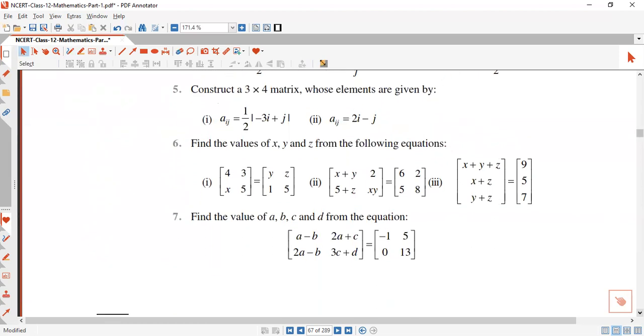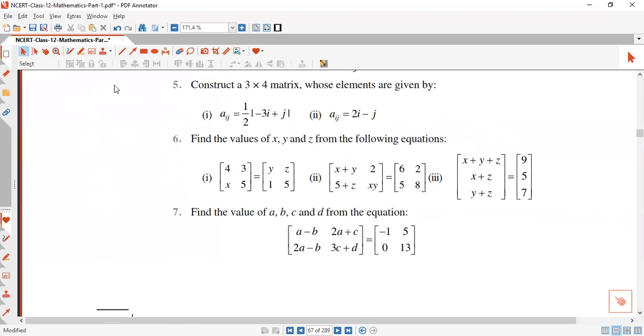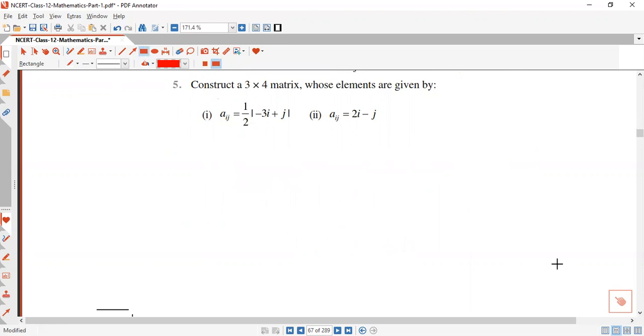Now, construct a matrix whose elements are given by... a 3 by 4 matrix means 3 rows and 4 columns. Now see what the matrix A is. We have 3 rows and 4 columns. So A11, A12, A13, A14.